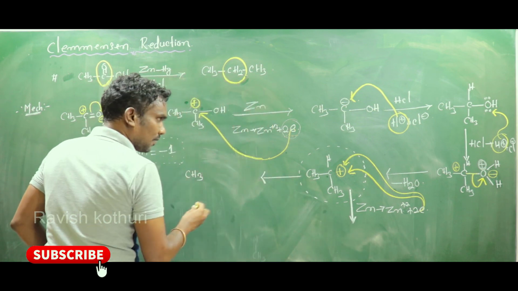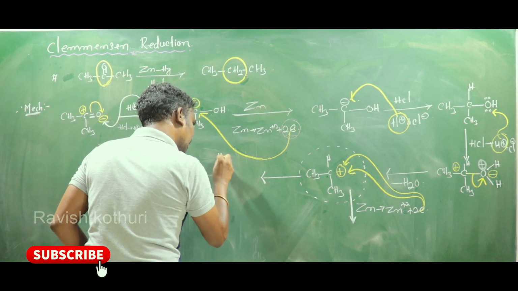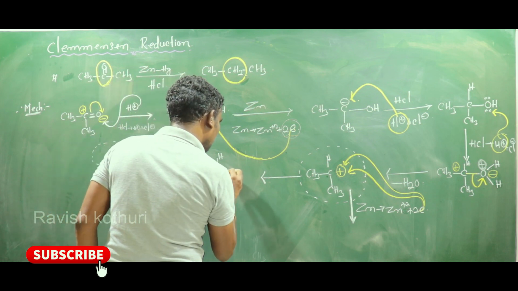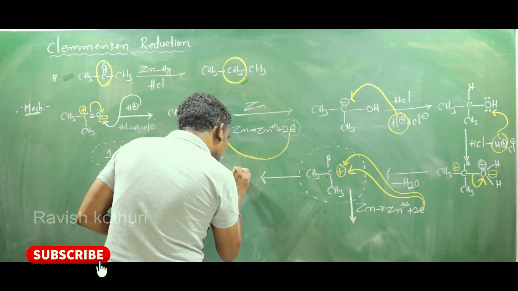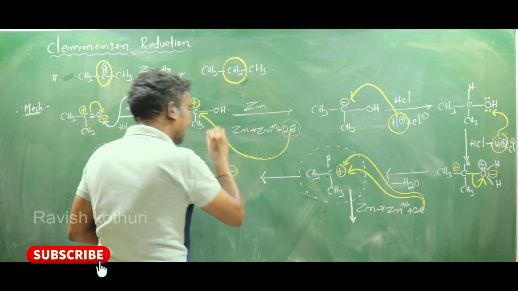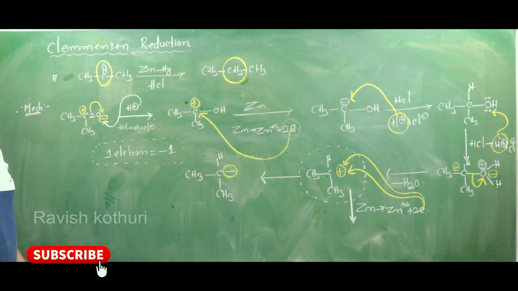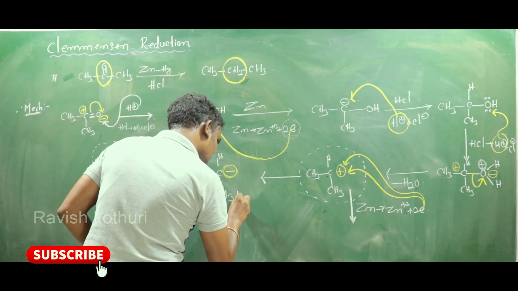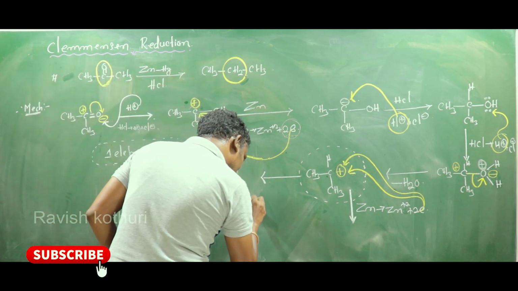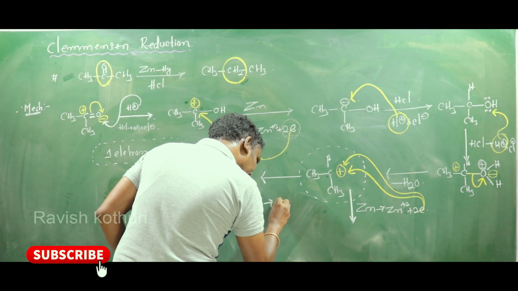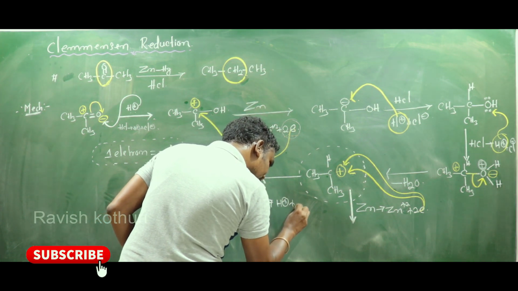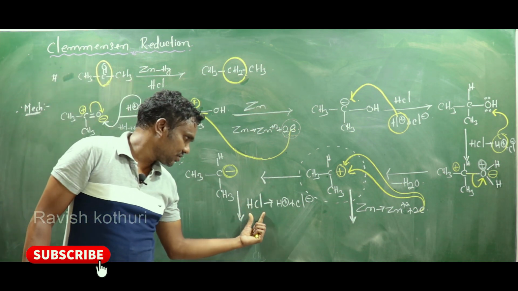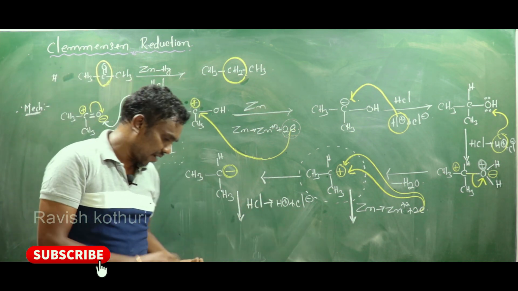CH3, here H, CH3. Right? Here is negative charge. It appears as negative charge. Now what happened, my dears? Here, if HCl is added, it dissociates into H plus and Cl minus.